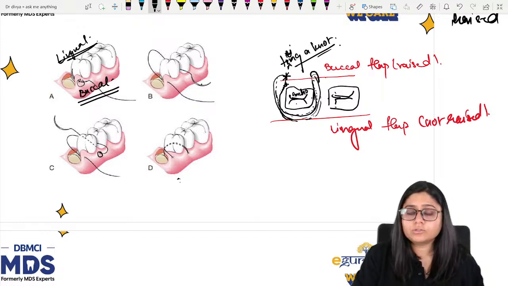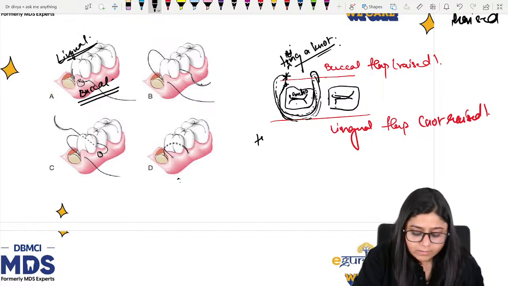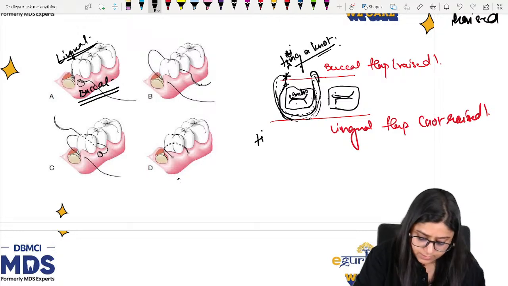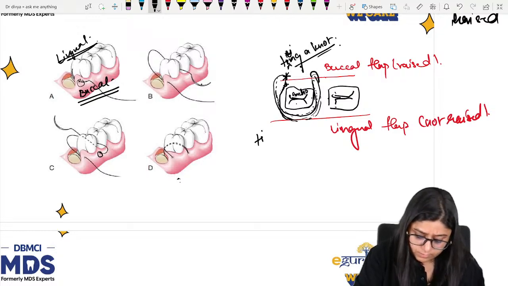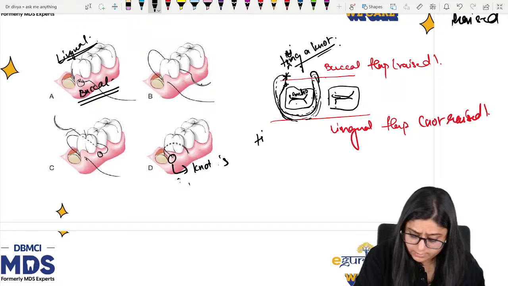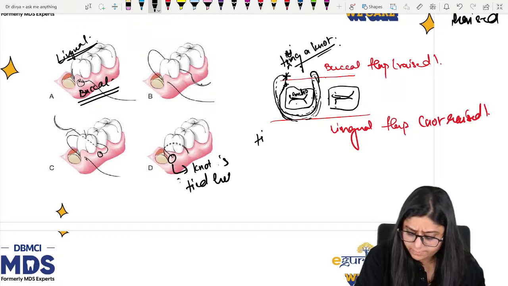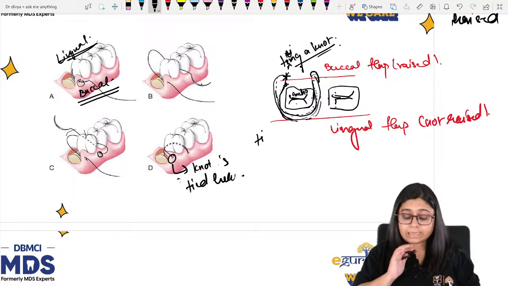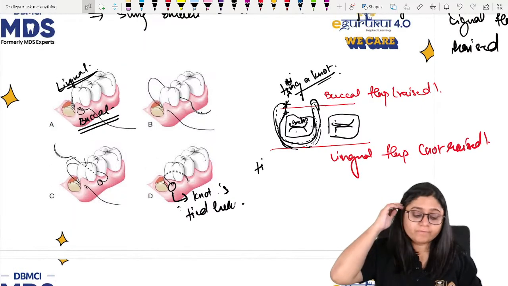So this is the sling suture. We have tied the knot here on this aspect. Here we have again brought it back from here till here, and a knot is tied here.